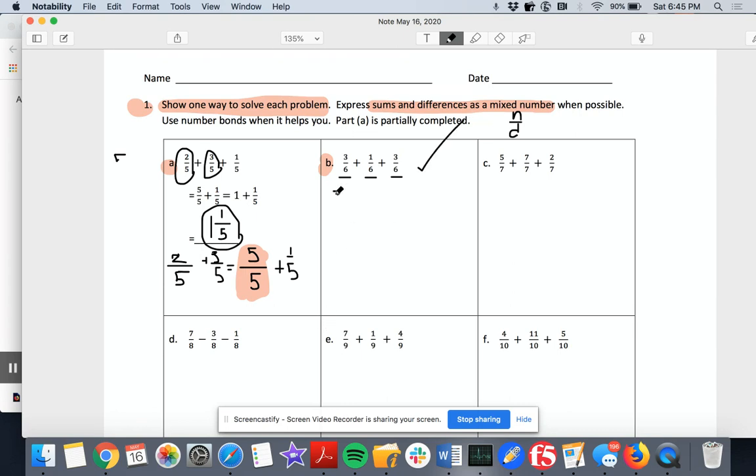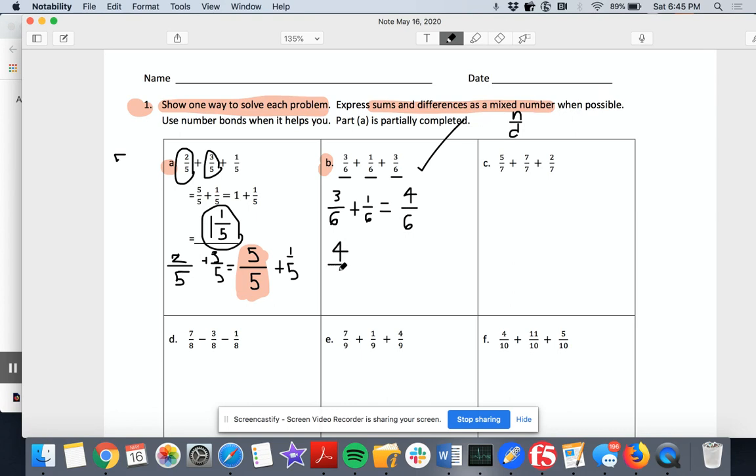So let's start off with 3 over 6 plus 1 over 6. My denominator is just staying the same, and then I'm left with 3 plus 1, which is equal to 4.